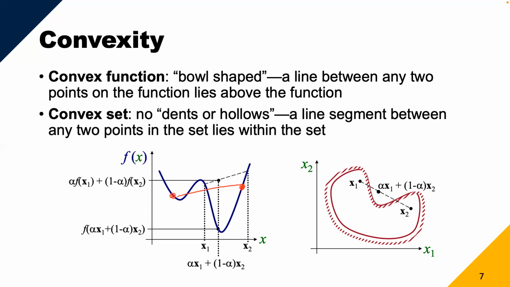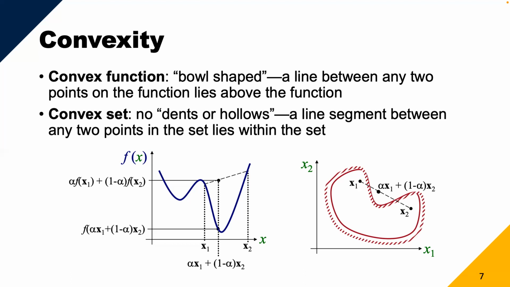Similarly, there's a similar concept known as a convex set. If the set is defined as the region on the right graph, then that set is convex in the same way. If I draw 2 points and there's anything hollow as I go from one point to another within that line segment, then it is not a convex set.